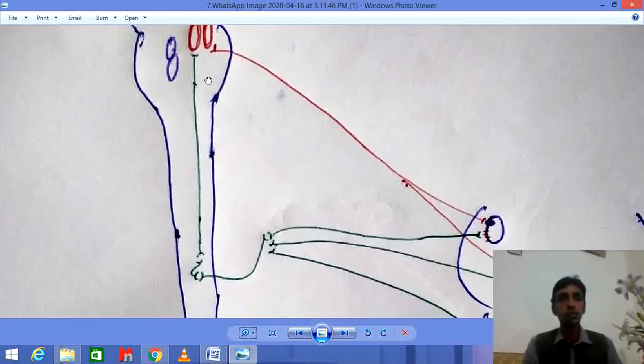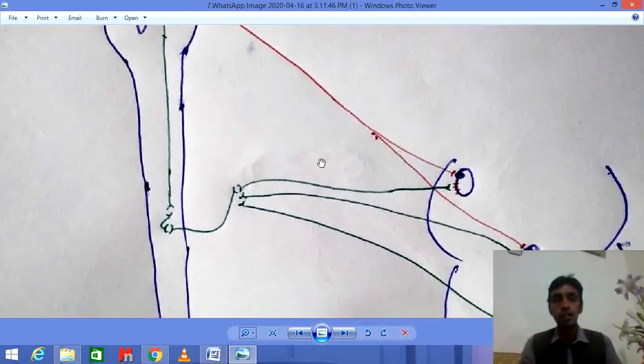This will transmit the information toward the spinal cord, and in the spinal cord, in the thoracic area, this will transmit the information toward the interneuron. And from the interneuron, this will transmit the information towards this SA node and AV node.